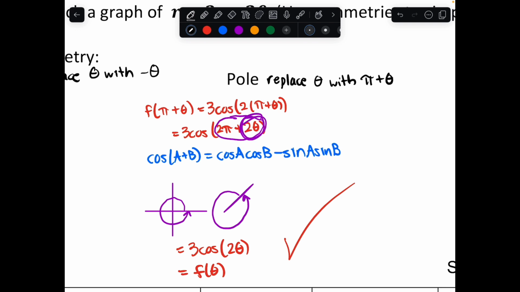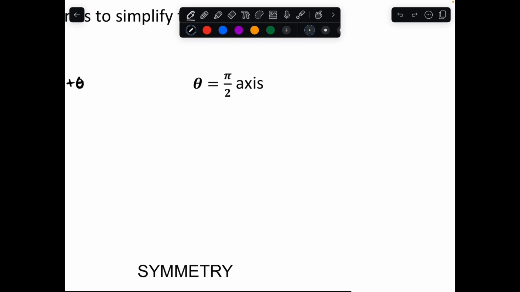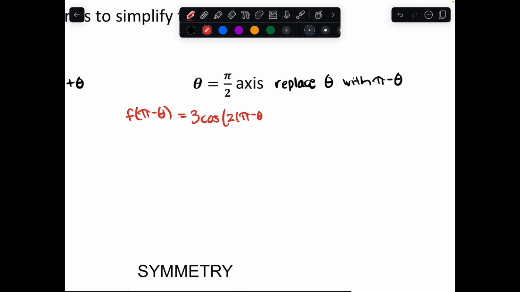Now let's check the symmetry about the vertical axis, our pi over 2 axis. For this one, we need to replace theta with pi minus theta. So we have f of pi minus theta. That's going to be equal to 3 cosine of 2 times pi minus theta.